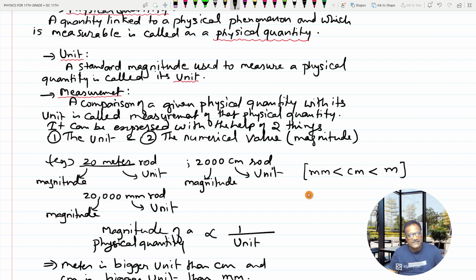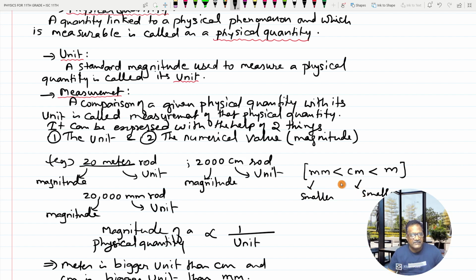Or you can say millimeter is a smaller unit compared to centimeter, and centimeter is again a smaller unit compared to meter. Now if the length remains the same, you can see that when the unit is increasing, the magnitude is decreasing.